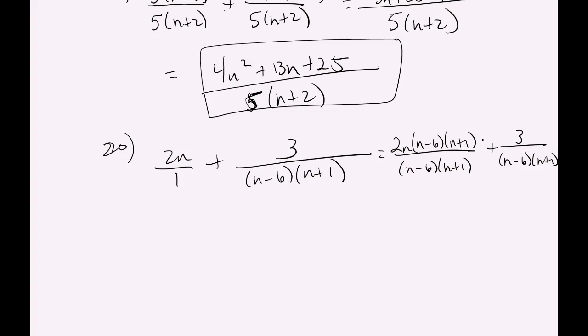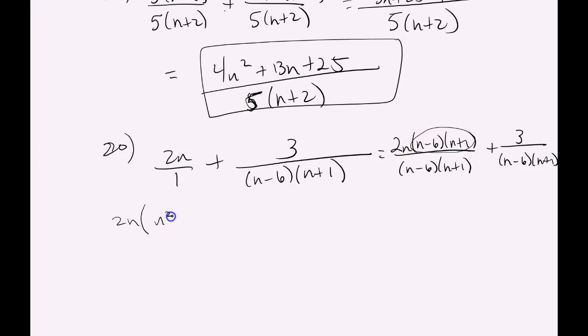And this one is not fun. I'm glad we're quitting on this, because I'm going to have to FOIL all this, but then also multiply by 2n. So here's what's going to happen. I'm going to ignore the 2n, and let me go ahead and FOIL this.